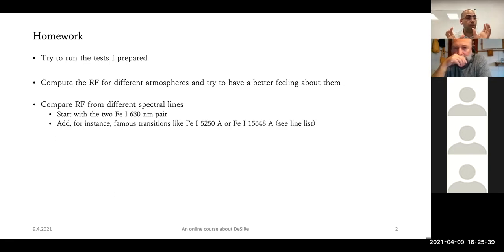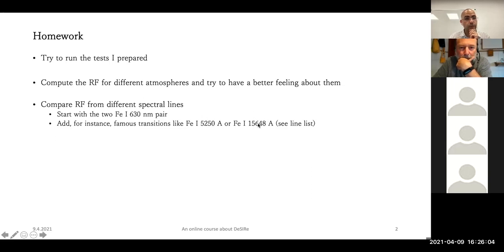And you say, okay, maybe I want to observe in this arm a given spectral line. So then I have only the option of observing, I don't know, in the visible or in the infrared.